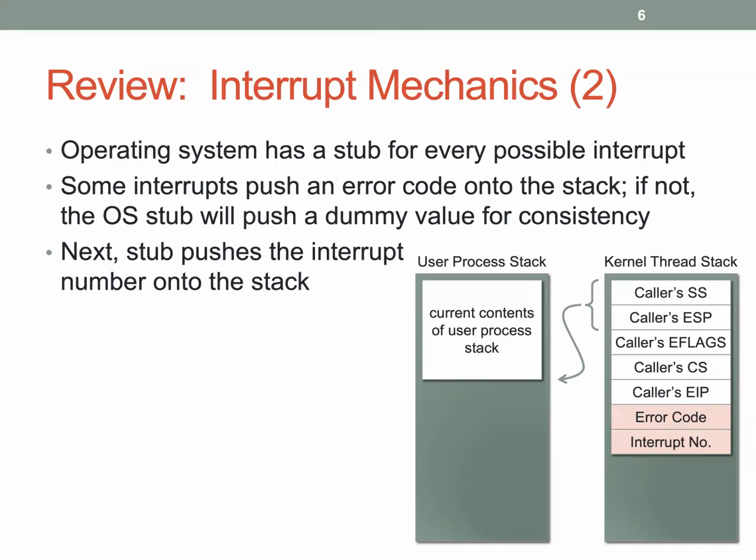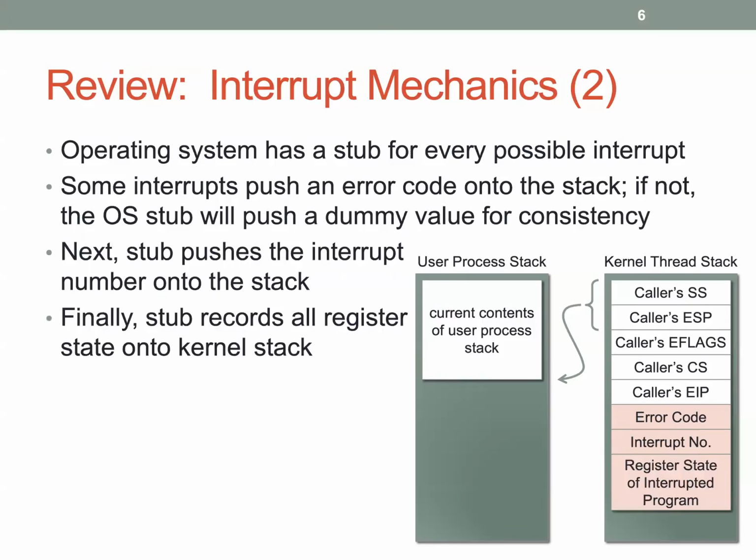The stub pushes the number of the interrupt onto the stack so that the handler doesn't have to know. Like you could have a handler that handles multiple interrupts, and it can just look at the interrupt number and decide what to do based on the interrupt number. And then the register state of the interrupted program is saved onto the kernel stack as well.